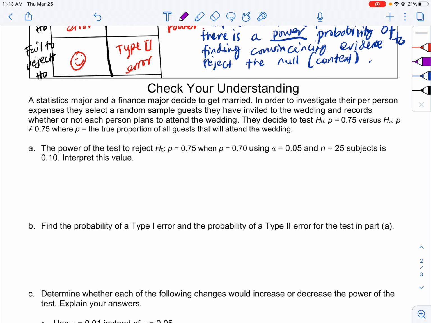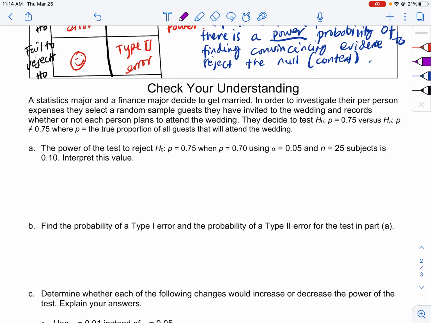A statistics major and a finance major decide to get married. In order to investigate their per-person expenses, they select a random sample of guests they have invited to the wedding and record whether or not each person plans to attend. They decide to test H0: p = 0.75. That means 75% will attend the wedding.